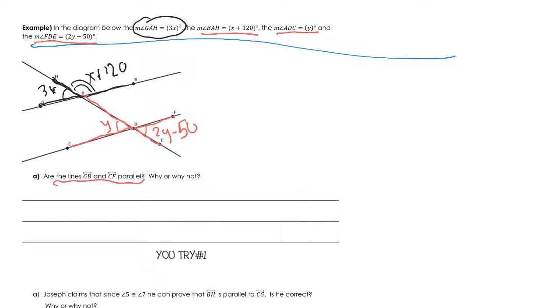Are the lines parallel? All right, so I see that I have x's and y's. So I want to definitely solve for x and solve for y, and then I could figure out if my lines are parallel. My x is up here. I see that those two angles together make a straight line, so they're supplementary. So 3x plus x plus 120 equals 180.